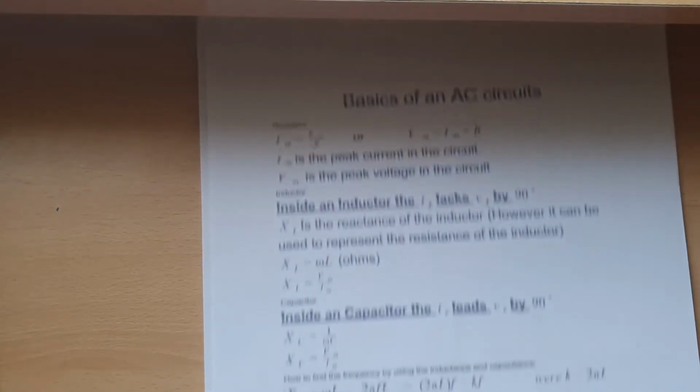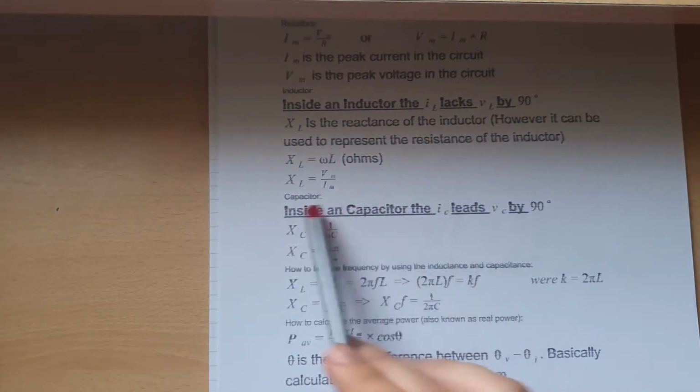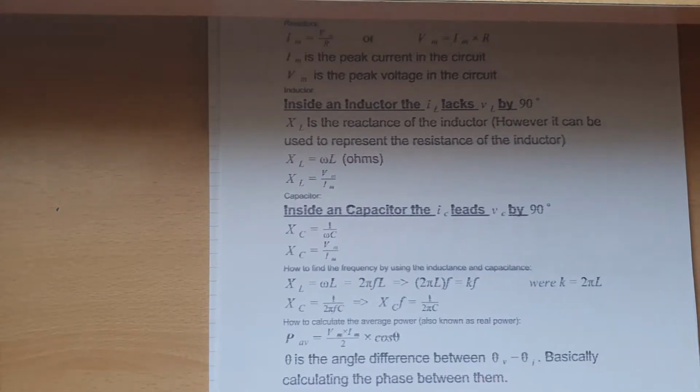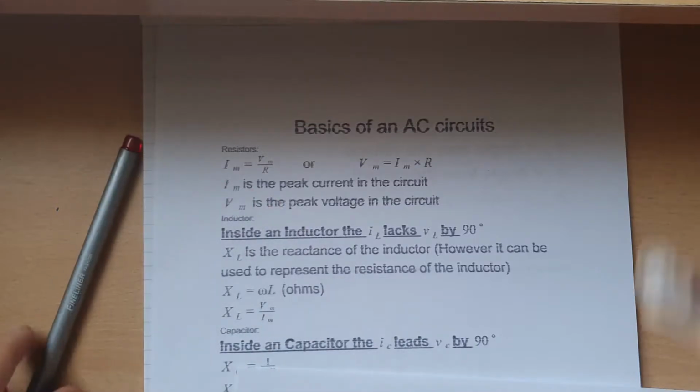So let's keep going with, there you go, I lift a bit up, capacitors. And inside the capacitor, IC leads VC by 90. So in an inductor, it lags by 90. So in an inductor, it's at this point here, and inside a capacitor, it leads by 90, so it will be at this point here.